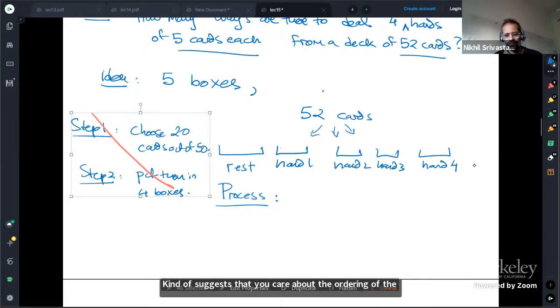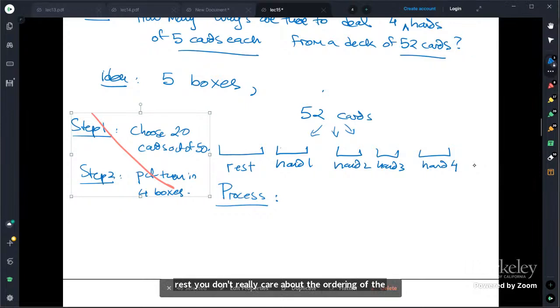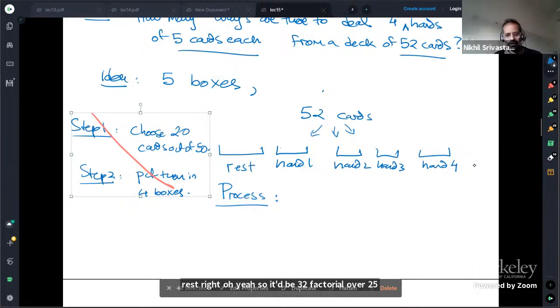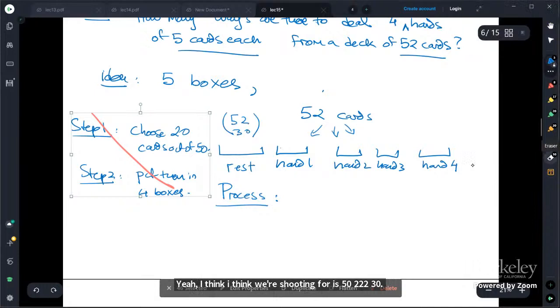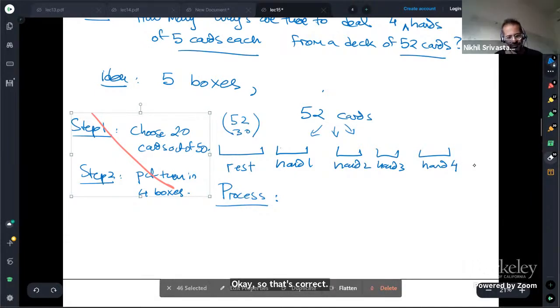You don't really care about the ordering of the rest, right? Oh yeah, so it'd be 52 factorial over 32 factorial. Yeah, I think what you're shooting for is 52 choose 30. There's that many ways to choose the rest of the cards. Okay, so that's correct.